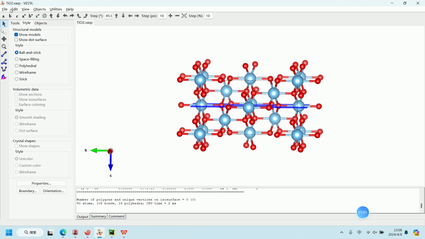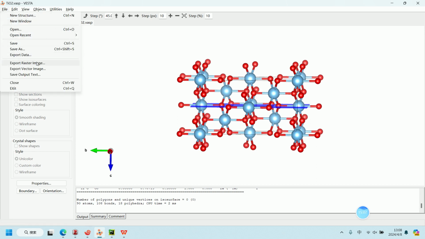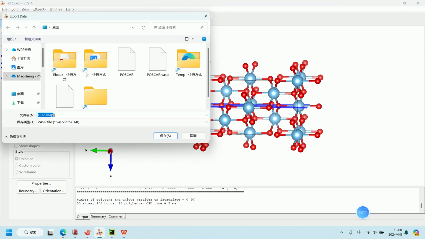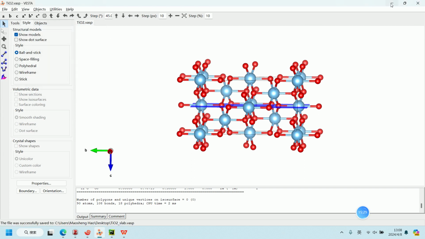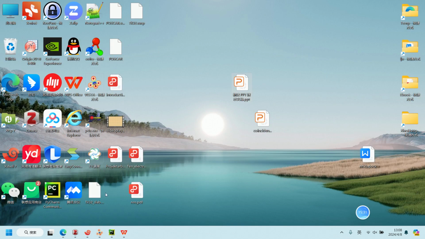We can firstly export this structure. Okay, slab. We're going to choose Cartesian coordinates to make it more convenient to adjust the supercell.